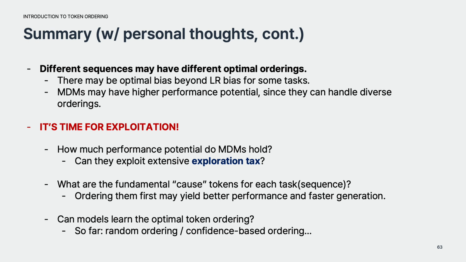If we order those first, maybe we get better performance and faster generation. And finally, can models actually learn the best ordering by themselves? Up to now, we've only tried random orderings or confidence-based orderings, but maybe there's an optimal ordering that the model can discover.